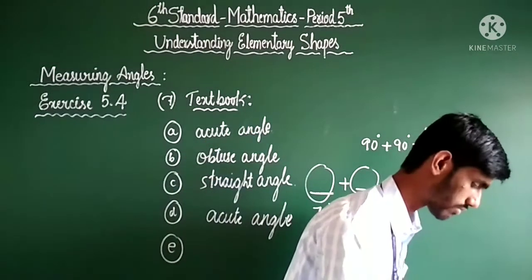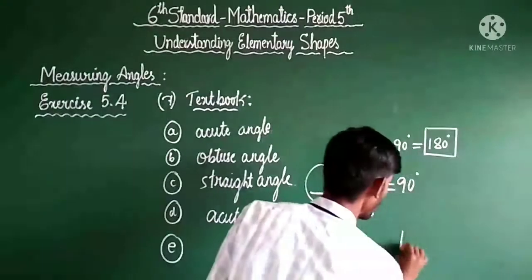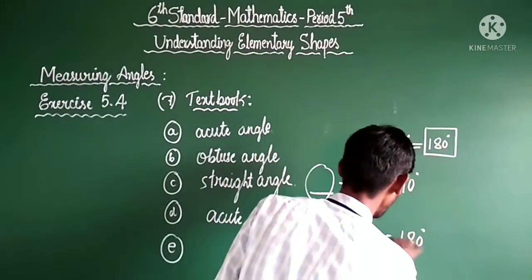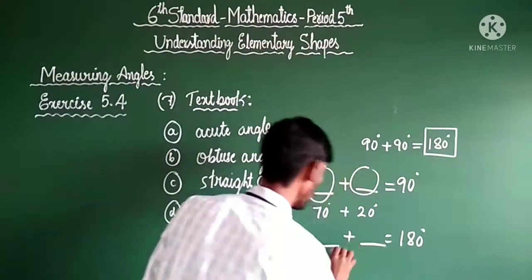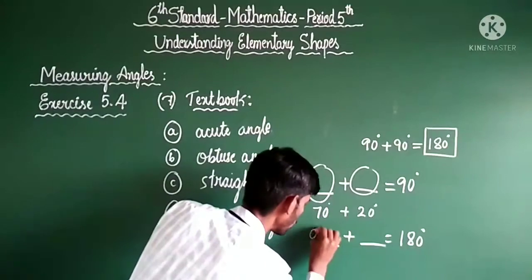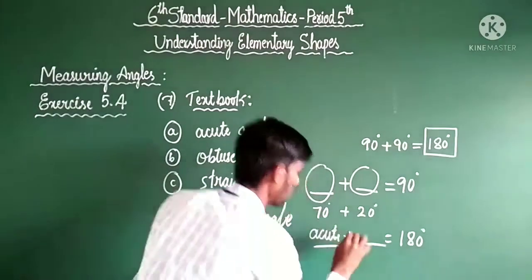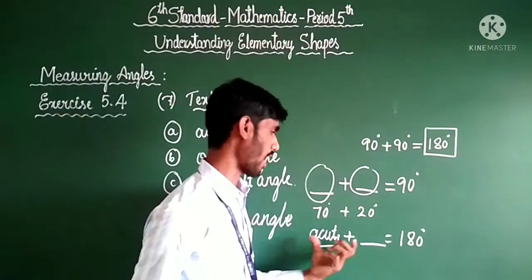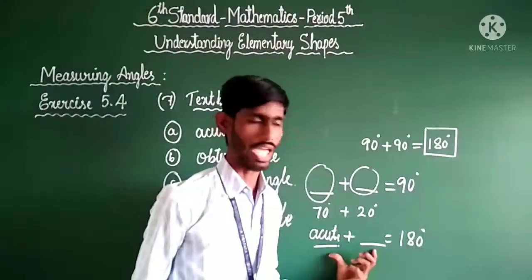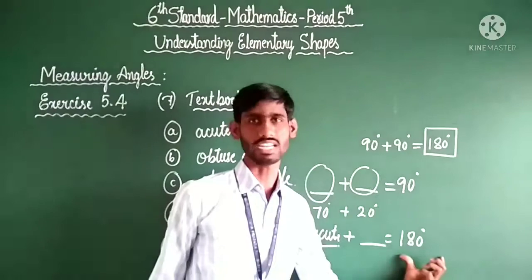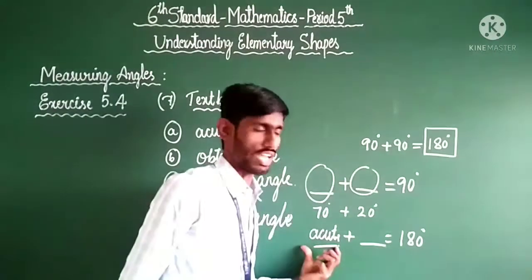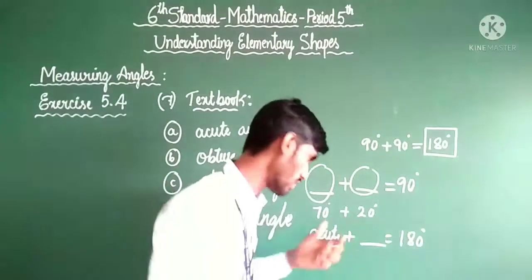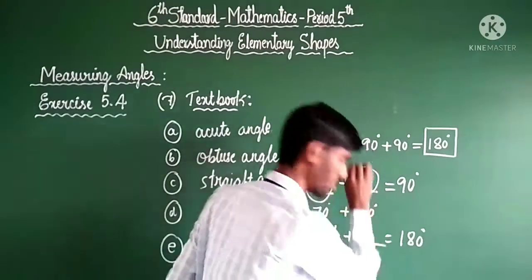Dear children, this is 180 degree angle. See, if we add two, first one is acute angle. If we add two angles, we will get 180 degrees straight angle. First one is acute angle. What about other? That is obtuse angle.